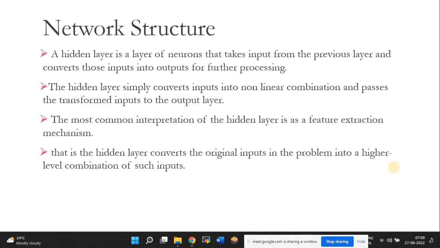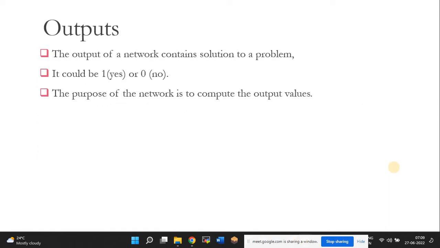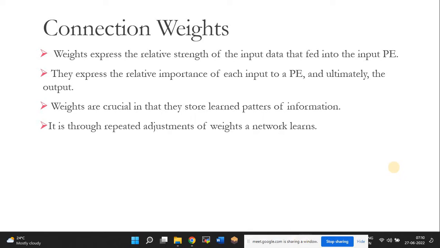And then the network structure, I think the best is to see an example. The connection weights express the relative strength of the input data fed into the input processing unit. As I told you earlier, weights make it more relevant in terms of whether that particular input is good enough to give an output.